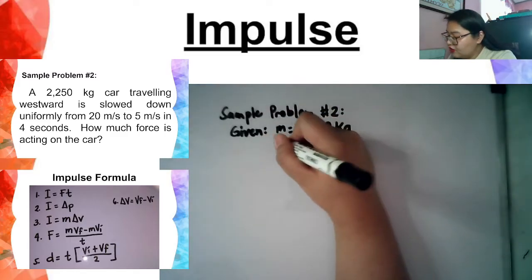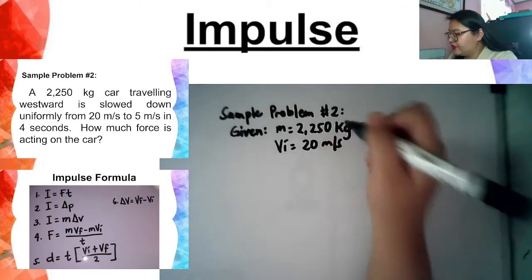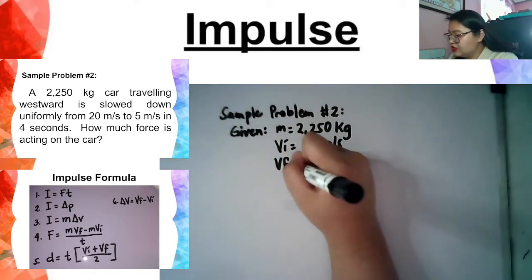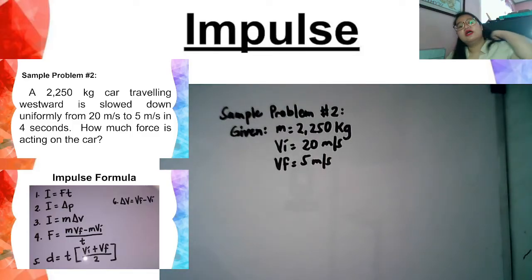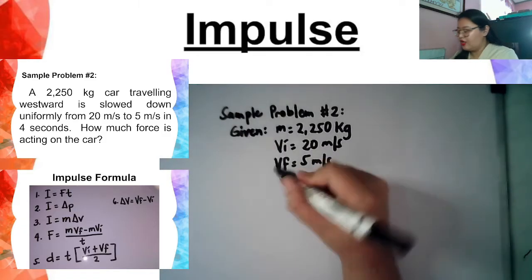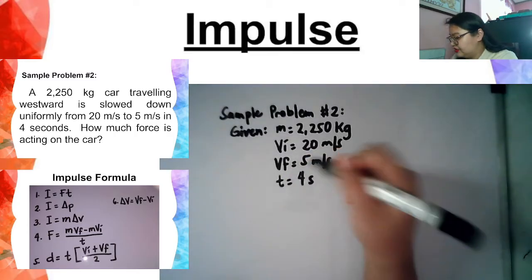So, our initial velocity is 20 meter per second. And then, our final velocity is 5 meter per second. Sabi dito, it only took 4 seconds nung nag-slow down yung sasakyan from 20 meter per second to 5 meter per second. So you have here the time, which is 4 seconds.